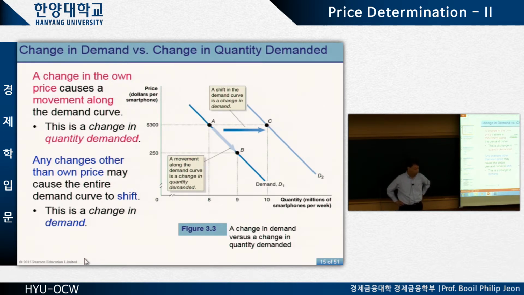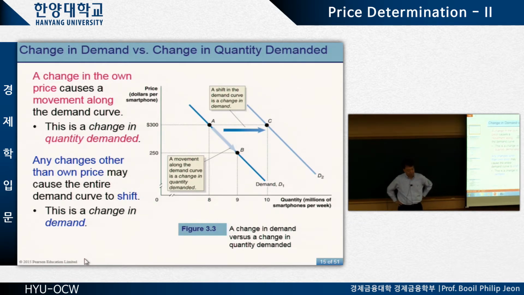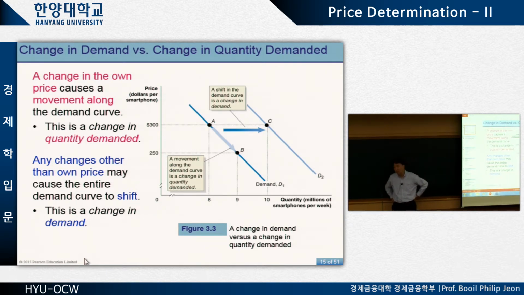So when the own price changes, what happens to the demand? If the price of potatoes goes up, what happens to the demand for potatoes? Doesn't change. Good, good. Right, nothing happens, right? If the price of potato changes, demand for potatoes doesn't change, right?